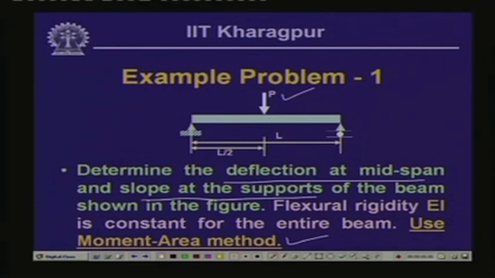Now, this particular load is acting at the center of the beam. To employ the moment area method, as you know, first we should know the bending moment diagram, and each ordinate of the bending moment diagram, if it is divided by the flexural rigidity EI, the resulting diagram which we get becomes the M by EI diagram.